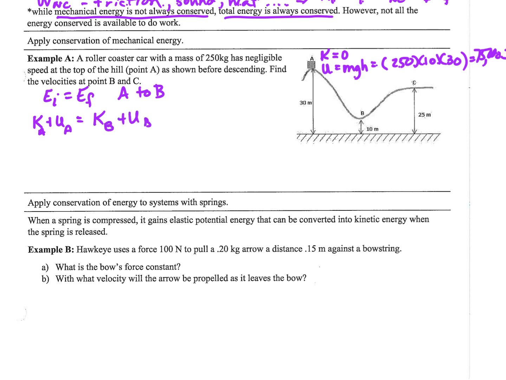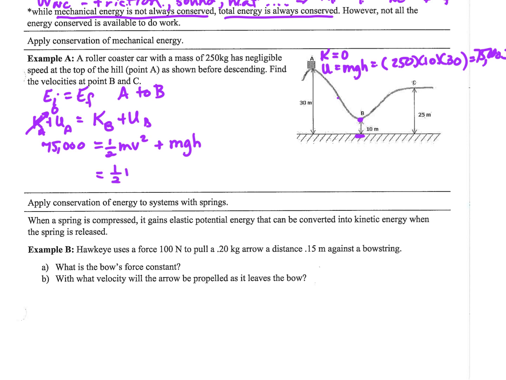We know this is 75,000. Now, it's moving at the bottom right here. It has not come to a stop, so it is going to have kinetic energy, so that's going to be 1/2 mv squared here. And because it is not directly at the ground, it is also going to have potential, which would be mgh right there. So let's plug in what we know. We know it's 1/2, and this should be at B.